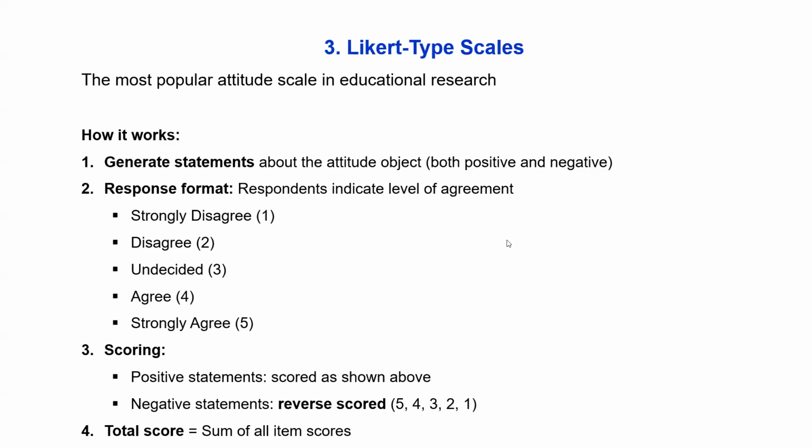The other one, I told you we use 2 scales. We are learning the most popular scale, another one, which is the Likert scale. This is very, very important. We use it popularly in our educational research.